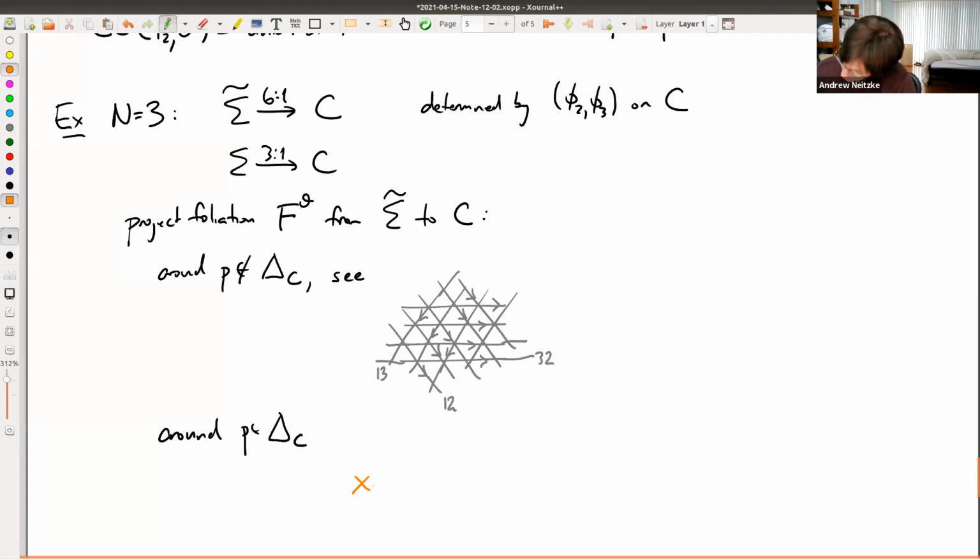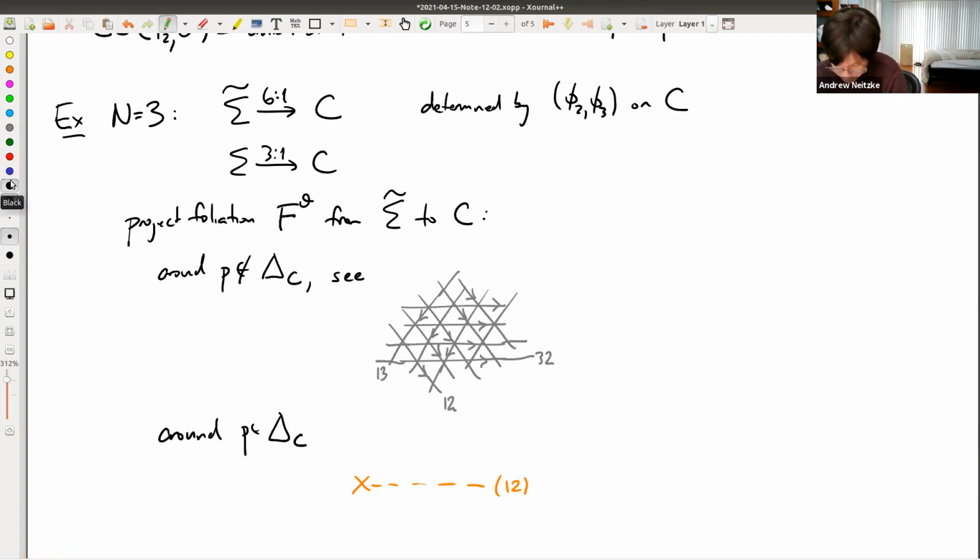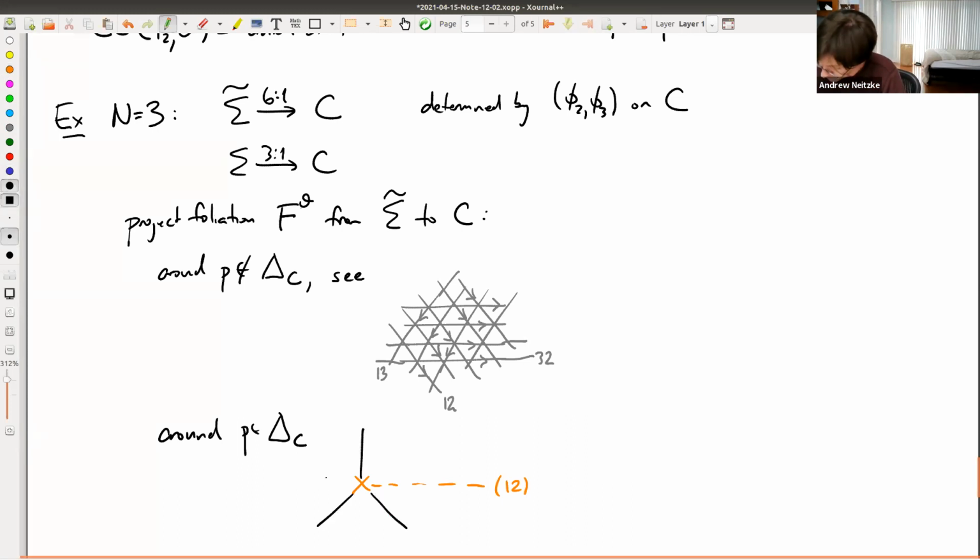But if you focus on just, so this branch point is carrying some transposition. 2 of the sheets of the covering are exchanging with each other. And if you just focus on that part of the foliation, in this case, as I've drawn it, the 1-2 part of the foliation, then you see a picture which is much like what you had in the n=2 example. You see a picture like that.